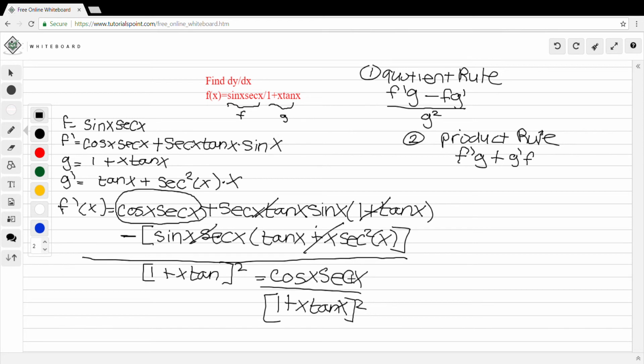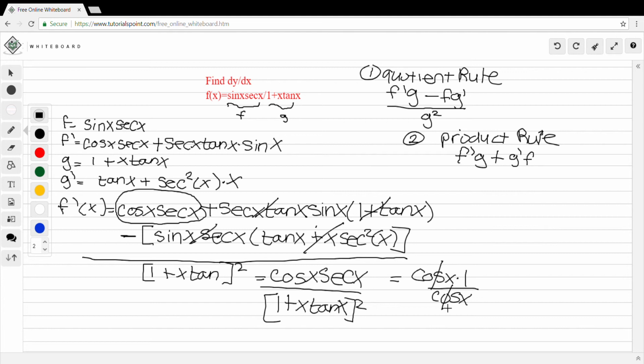So this actually simplifies, right? The numerator simplifies because secant x is really the same thing as 1 over cosine x. So it's like saying cosine of x times 1 over cosine of x, so it cancels.